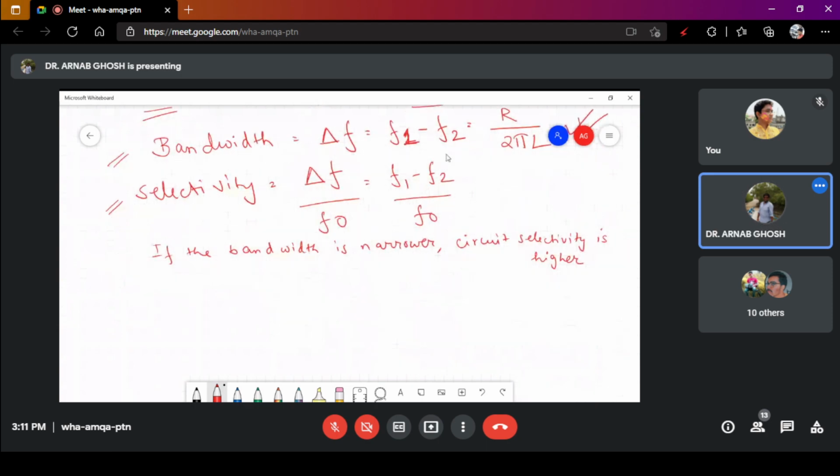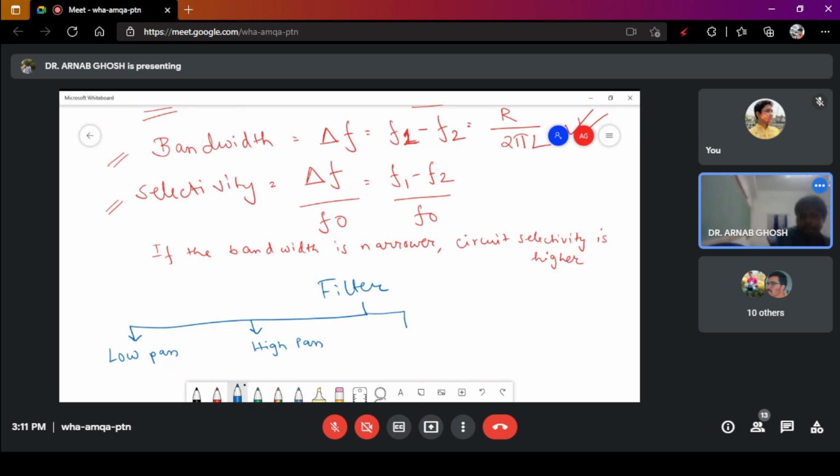Okay, from this we come to the last thing, that is filter. So under the filter you have these types: low pass filter, high pass filter, band pass filter, band reject filter.